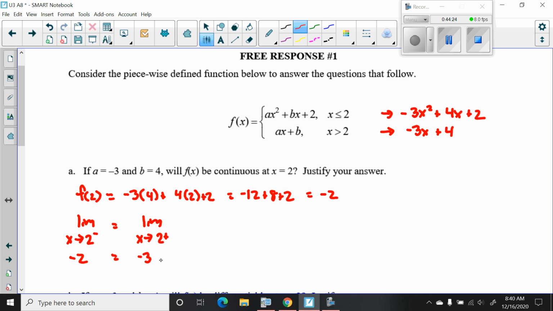So that's -3 times 2 plus 4, -6 plus 4, -2.